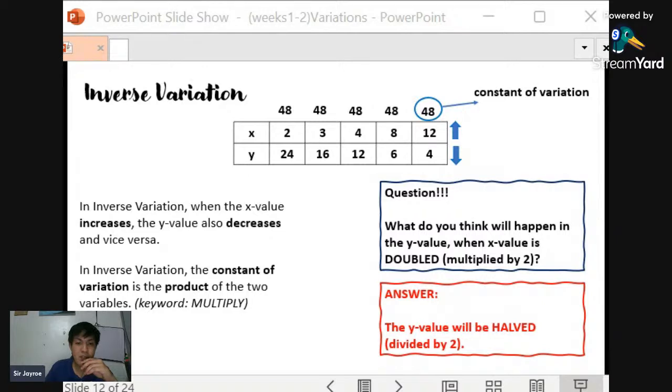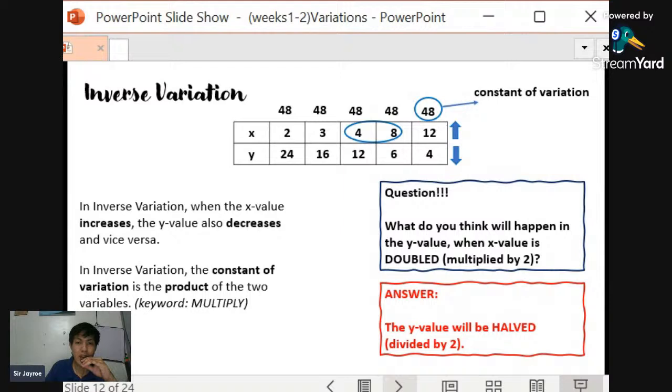Nag-increase daw ng 20%, what will happen to y? Ano yun? Okay. Kailangan kompleto, no? Ayun. Decrease by 20%. Yan. Good. O, nakuha nyo na po, ha? Okay, let's proceed.